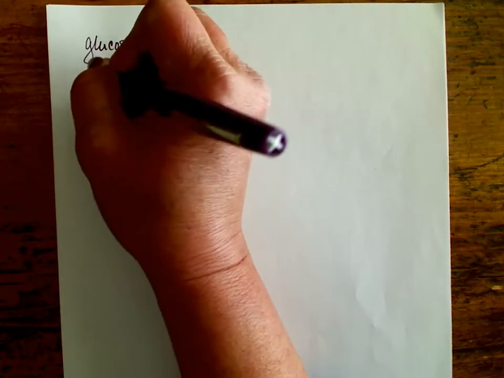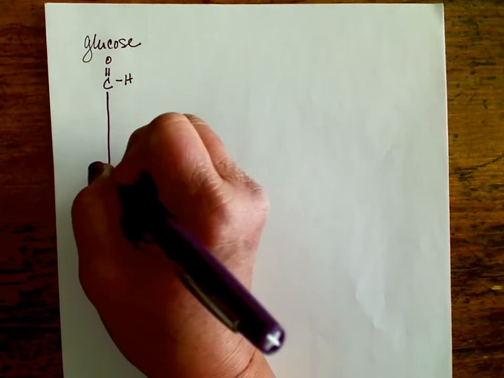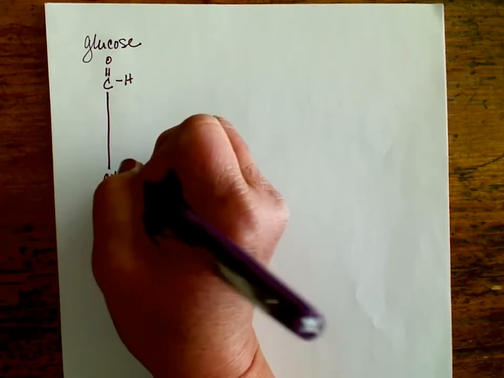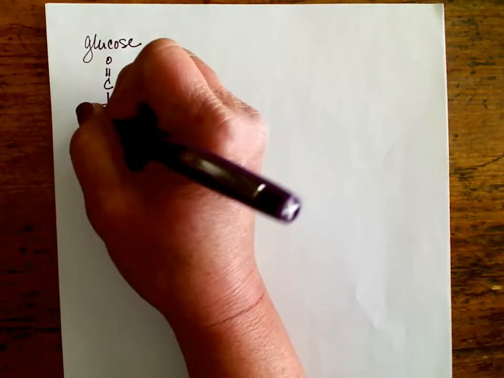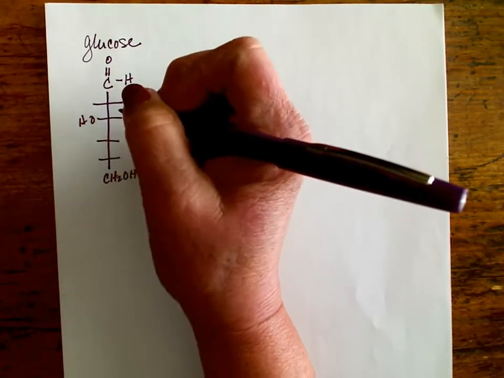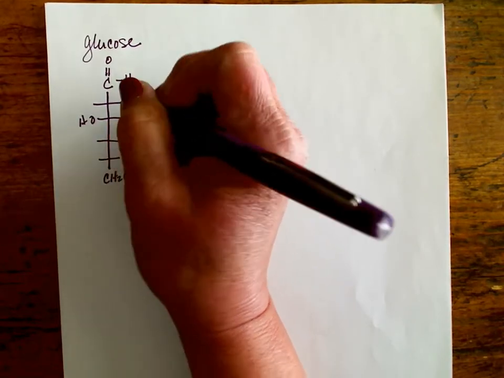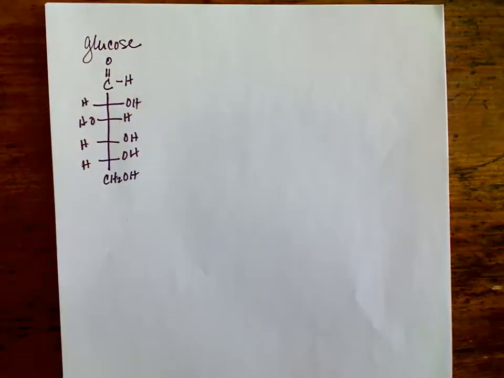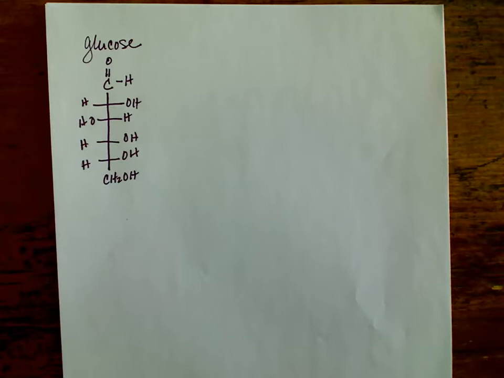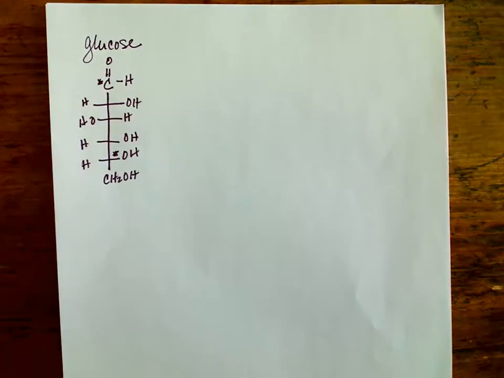Starting with the linear Fischer projection, as you've seen on a previous slide, the reaction is going to occur between C5 and C1.